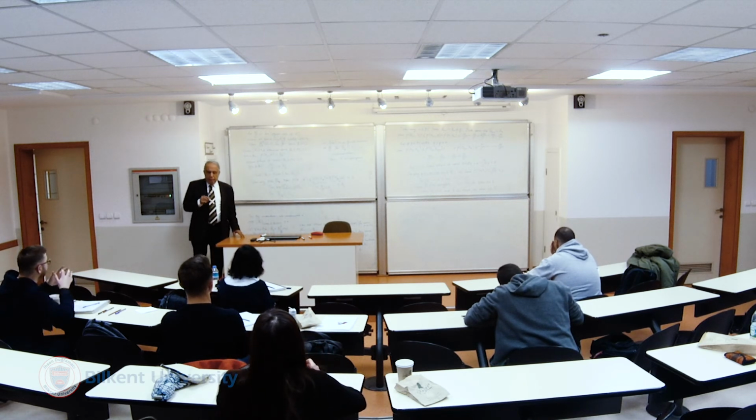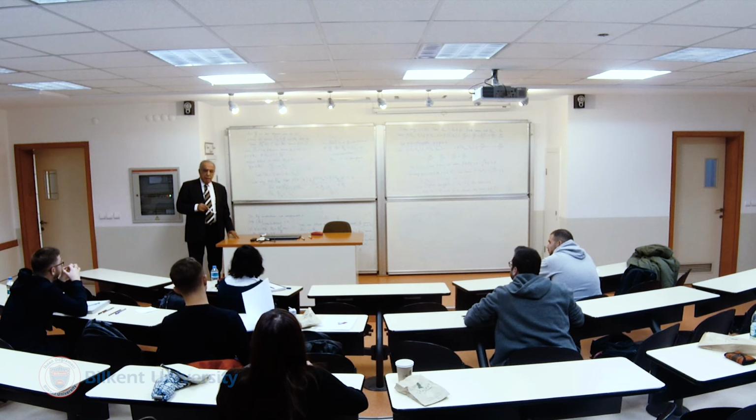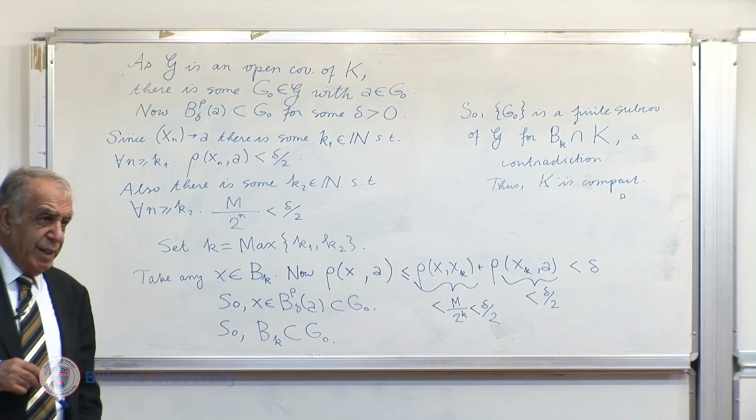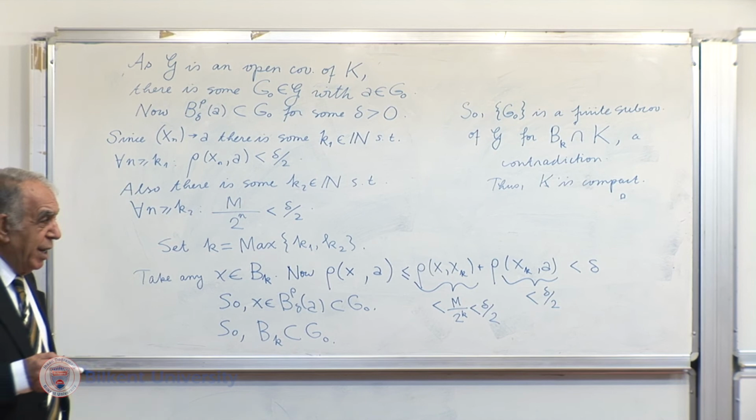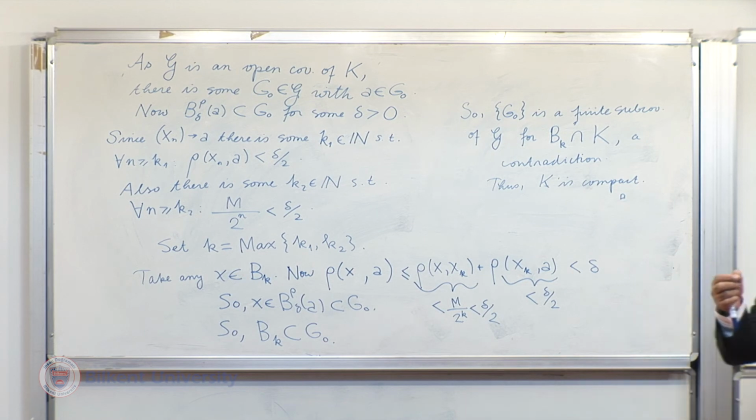I will send the details in written form by email either today or tomorrow, that completeness is unfortunately not a topological concept. In the sense that you can have on one and the same set two different metrics which induce the same topology, thus they are equivalent, but the space might be complete with respect to one of the two metrics, but not so with respect to the other.